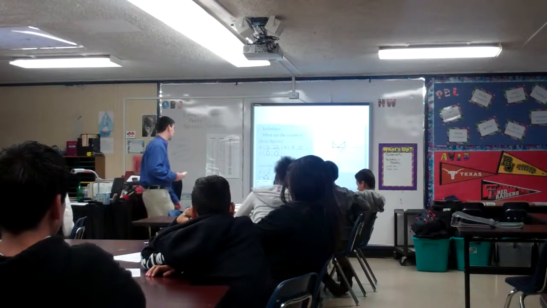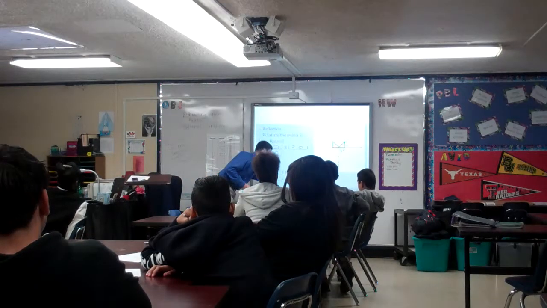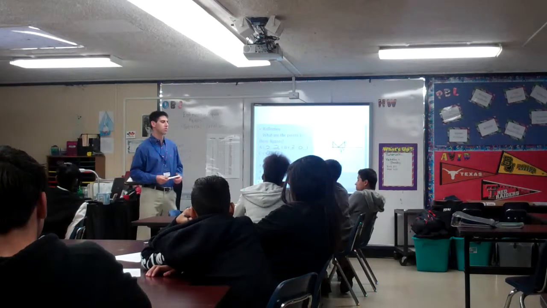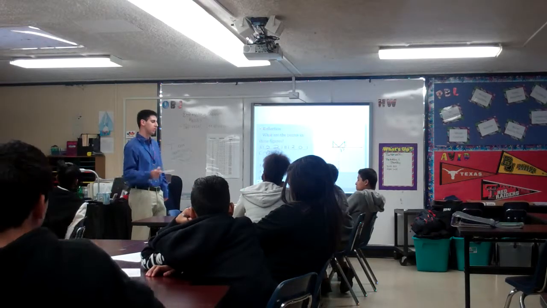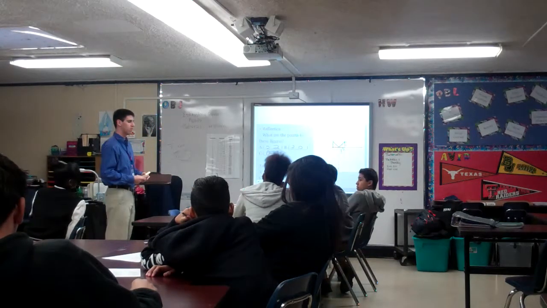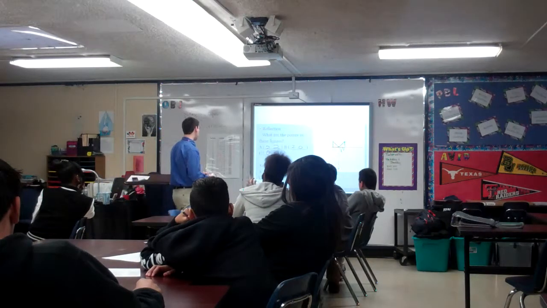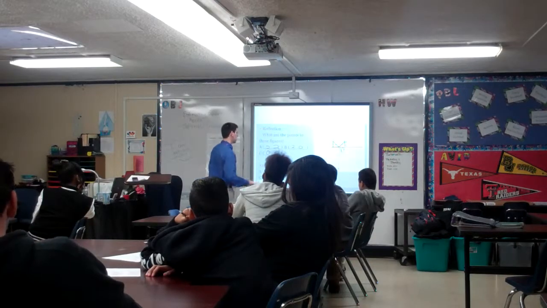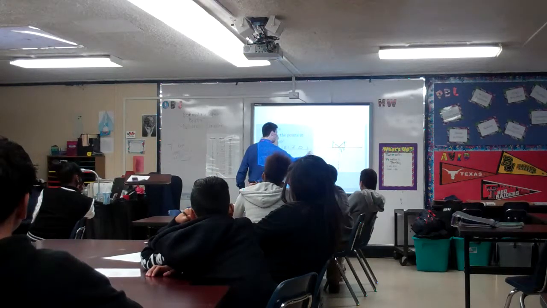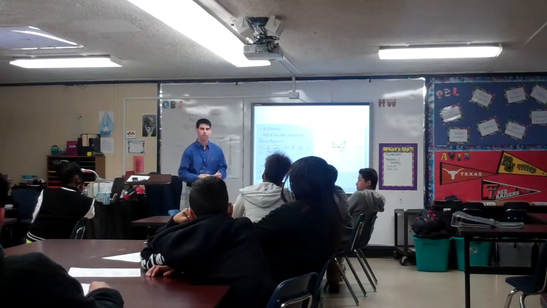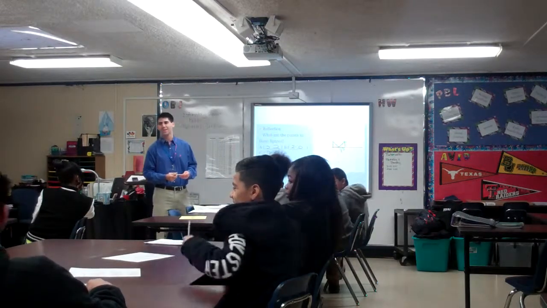On -2, 2, one of the numbers is negative. Did it change from a positive to a negative, or a negative to a positive? So it changed from a positive to a negative, just because you flipped it over the y-axis.